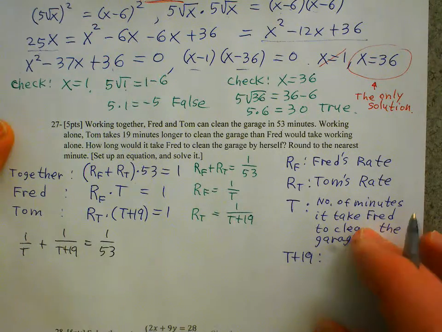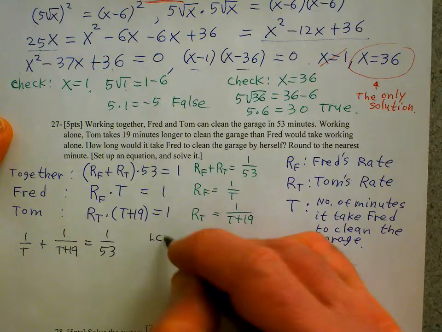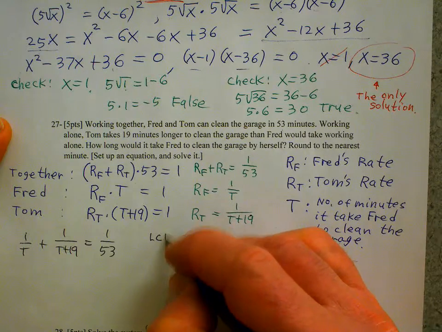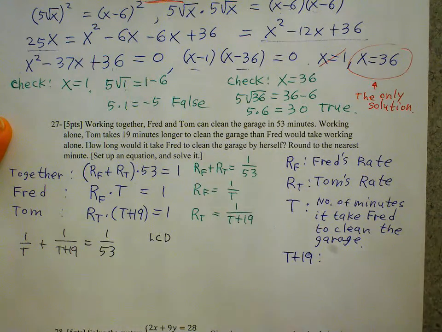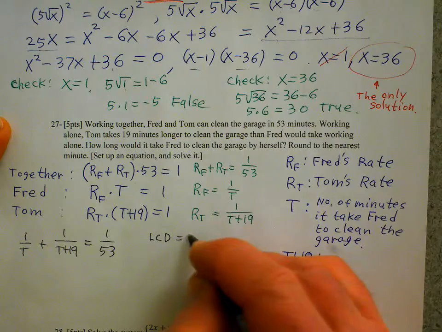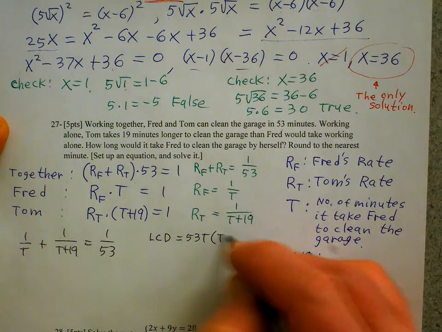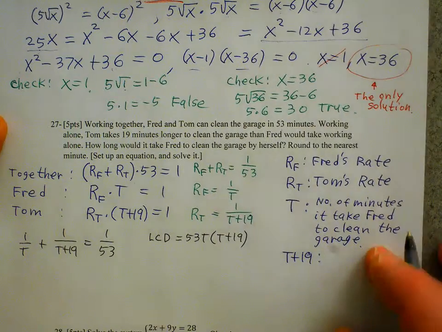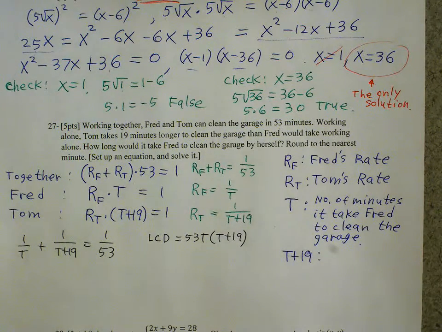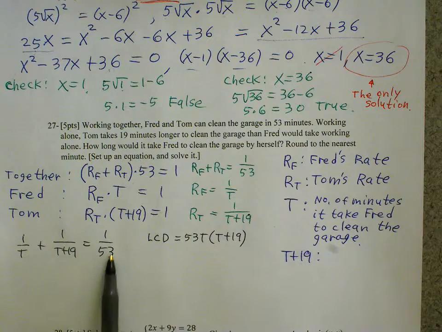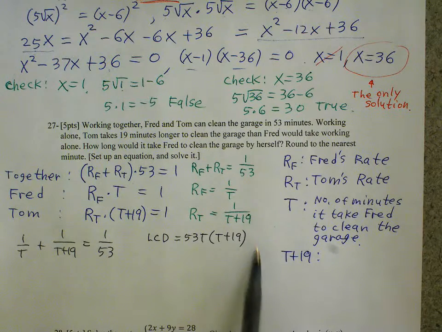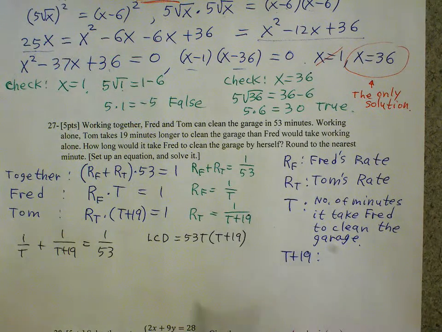Okay, the least common multiple of the denominators, or the least common denominator, is 53 times T times T plus 19. And then we multiply each of the terms on both sides by the least common denominator. When you multiply the least common denominator by 1 over T, the T's cancel.